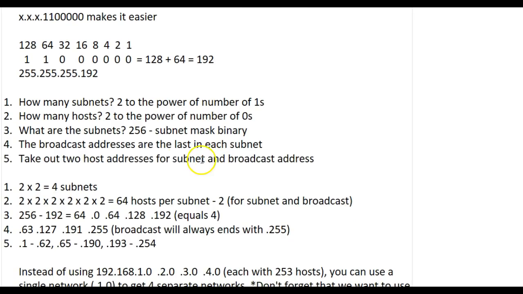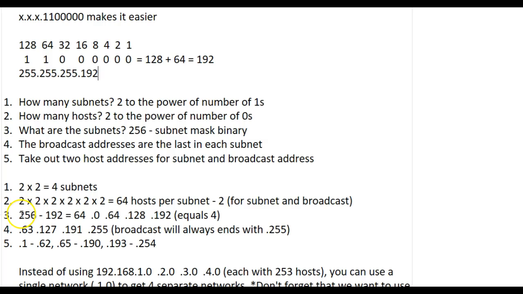So 2 times 2 equals 4, so you have 4 subnets. You have 2 times 2 times 2 times 2 times 2 times 2 equals 64 hosts. But you have to minus 2 because one represents the actual name of the network subnet, and so you can't use that IP address, nor can you use the broadcast IP address, which is always the last IP address in that subnet.